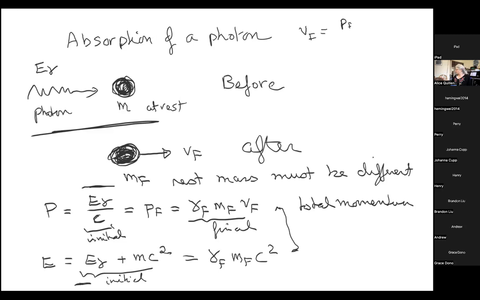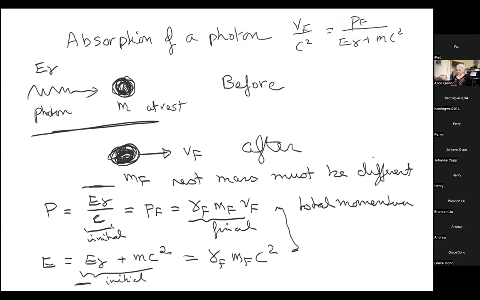Let's just take the ratio of these two. Then everything cancels out except... let's erase this and do this again. So we have V F over C squared is equal to P F over E gamma plus M C squared.